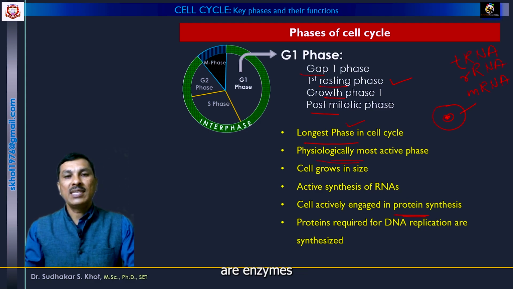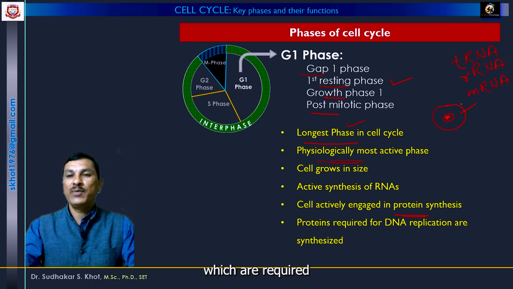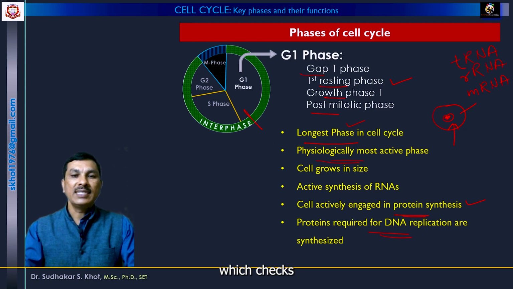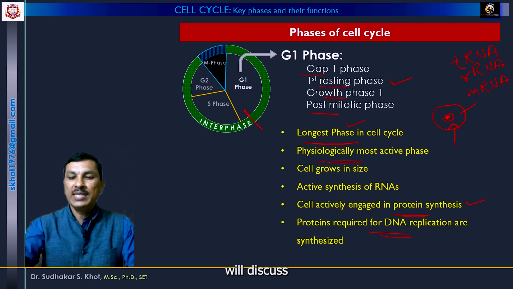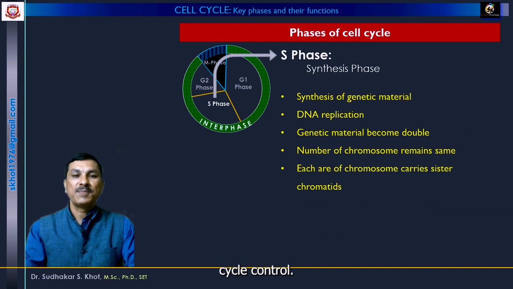The proteins are enzymes, and the enzymes which are required for the growth and metabolism in the daughter cells are synthesized here in G1 phase. After sufficient growth, the cell enters S phase. Proteins which are required for DNA replication are synthesized in G1 phase. And here is one checkpoint which checks the entry of the cell from G1 phase to S phase, which we will discuss in the cell cycle control.